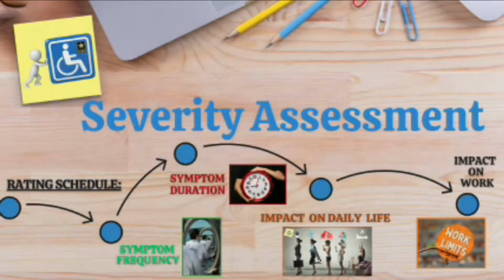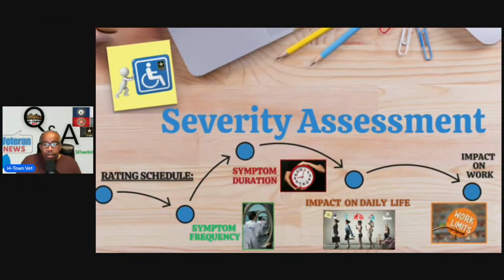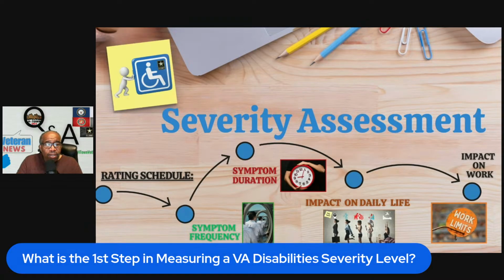Let me pull it up here. They got them people riding through with that mosquito killer. Deal with severity assessment. When they use these DBQs and other documents to assess your severity level, we said it. Y'all said we answered the question: what's the first step in measuring a VA disability's severity level?